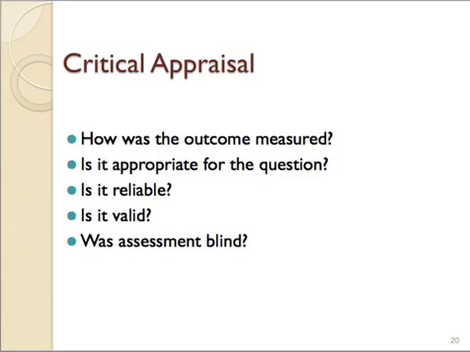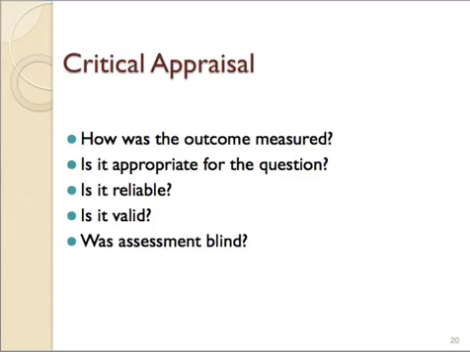You want to know in critical appraisal, how was the outcome measured? Is the outcome that was used appropriate for the question? And as we discussed in past sessions, was the outcome reliable? Was it valid? And was the assessment blind? We'll be talking about that a little bit more in the next session.